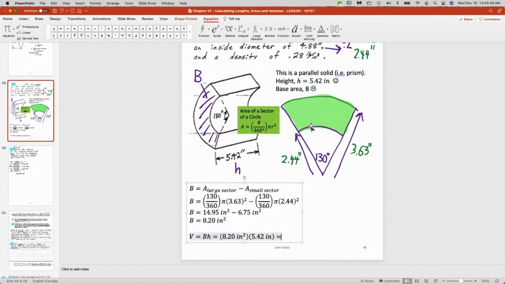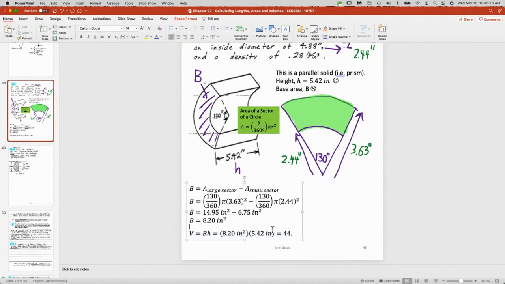I got 4.6. I don't know. Oh, I typed it in wrong, that's why. No, 446. Can someone confirm, is it 44.4 or 44.6? We need a tiebreaker. Anybody there?